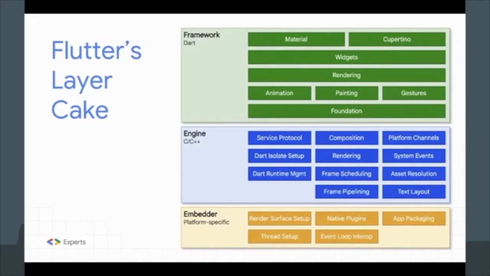And you can see that from, again, bottom to top, you have the foundation to keep all the bases of the information and calculations. Then you will have the animation, painting, and gestures to take care of the clicking operations and repainting in each frame and subscribing yourself to the vsync, which is like frame change operations.